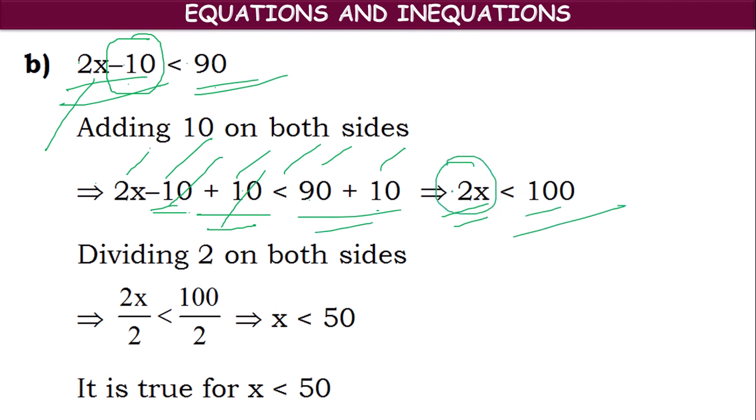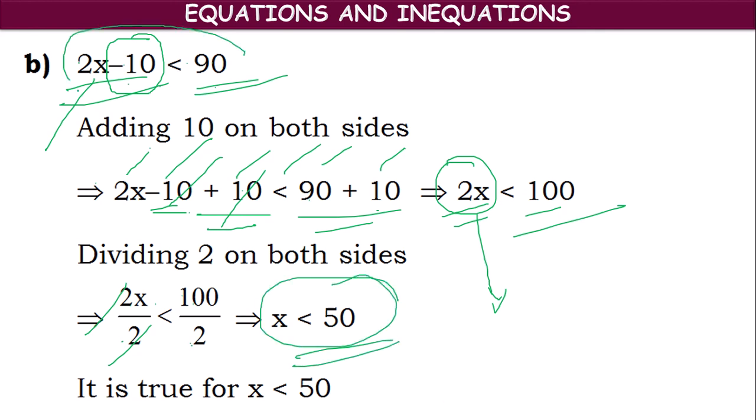So still this 2 is to be removed. We can divide with 2 on both sides, because by dividing with a positive number, inequality does not change. So 2x by 2, 100 by 2, 2 cancels, 100 by 2, 50. So x less than 50.